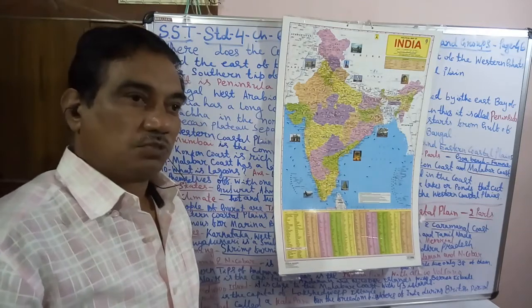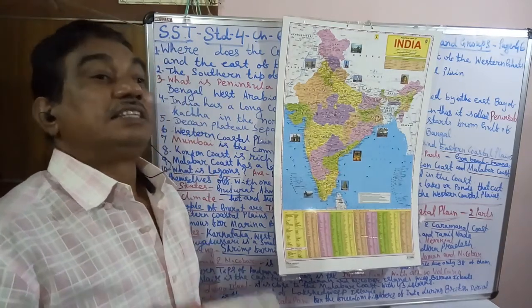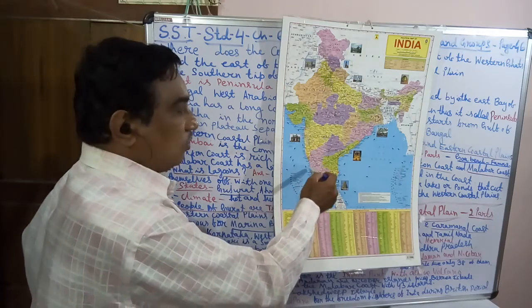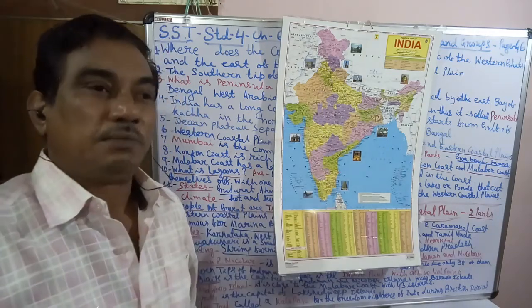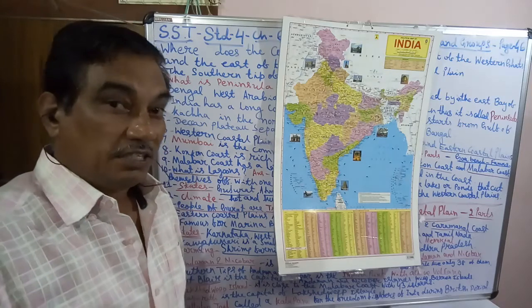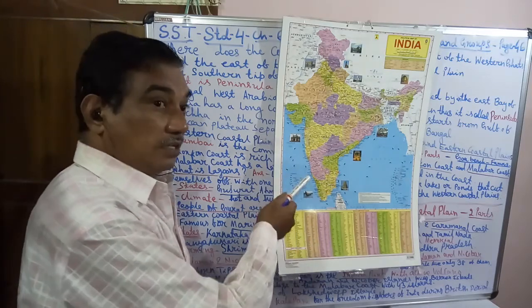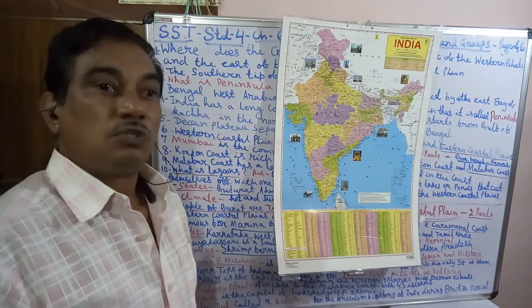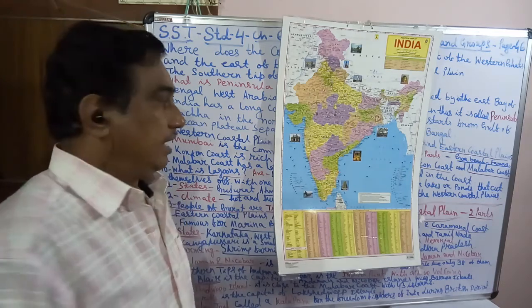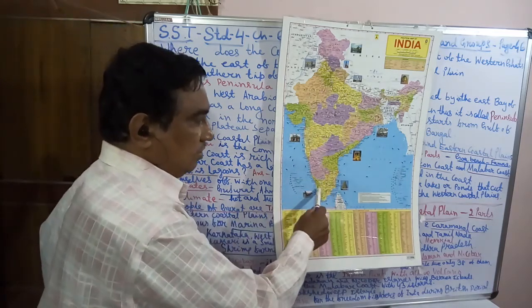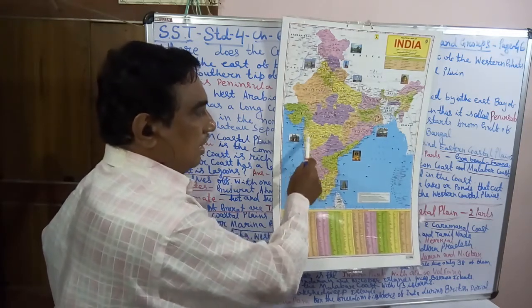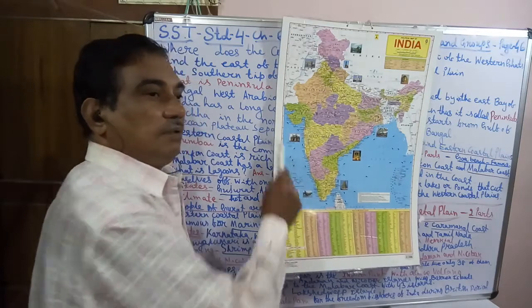Then states. Which states are connected to the western coastal plains? Gujarat, Maharashtra, Goa, Karnataka, Kerala. These all are in the western coastal plains.